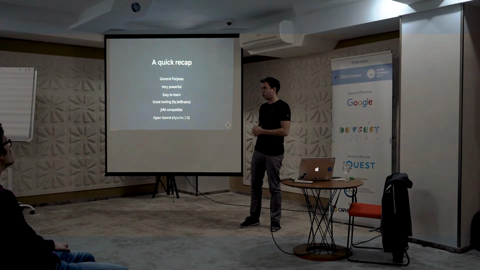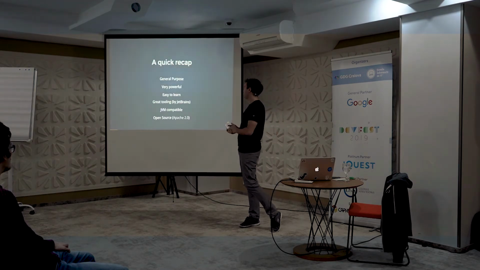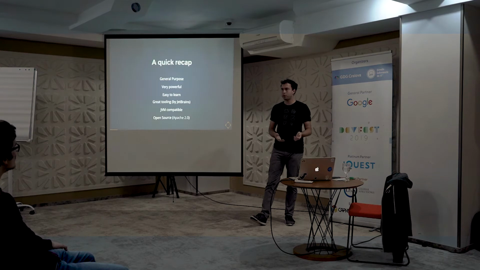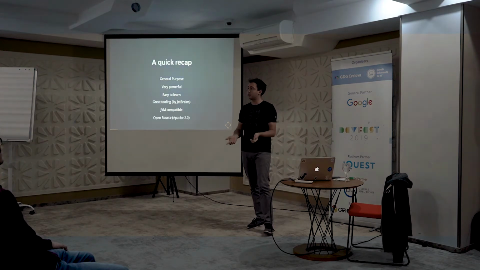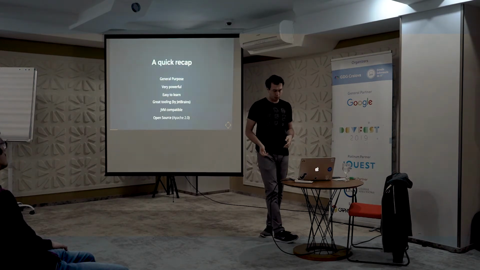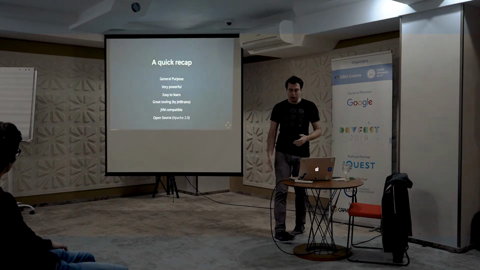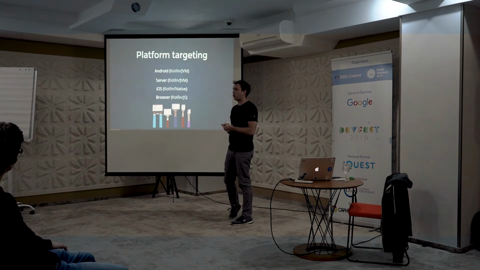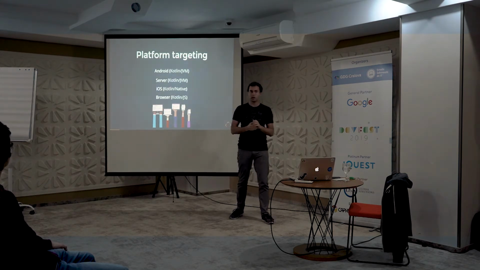Even the tool that Android Studio is based on. And the fact that it's a JVM compatible language means you can run it anywhere Java works. So it can be run on desktops, it can be run on servers, it can be run in a bunch of places. So that's why they actually came up with a very nice plan of being able to run Kotlin in a lot of places.